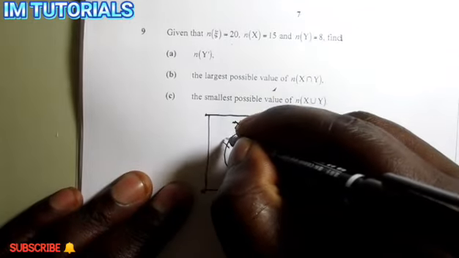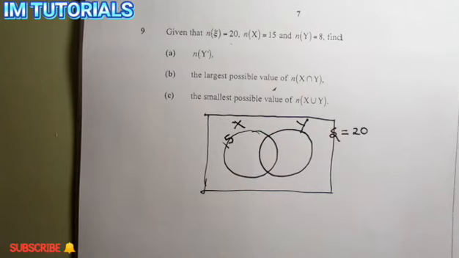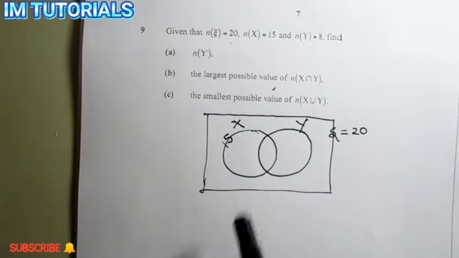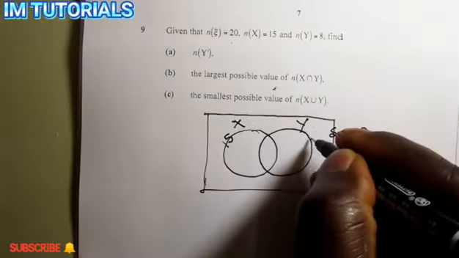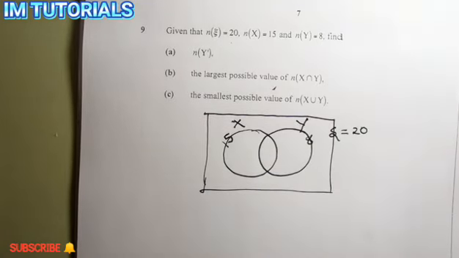So you have to write 15 on the circumference of the circle x, but you don't write it inside, since 15 is covering everything inside the set x, this portion and this portion. Same applies, the number of y is equal to 8, so I'm going to put 8 on the circumference like this. I hope you are listening, class.